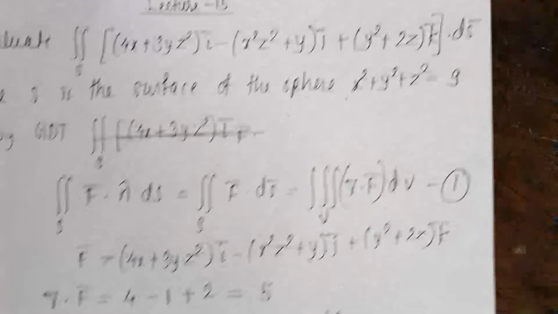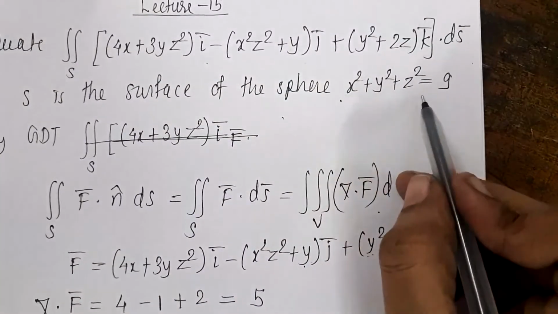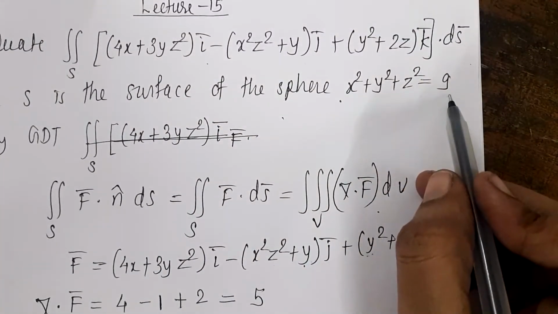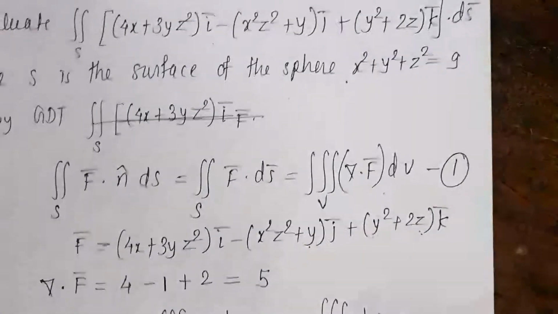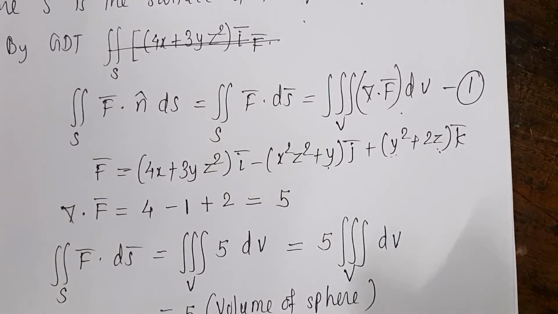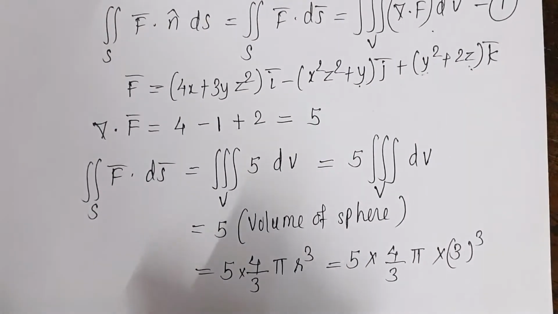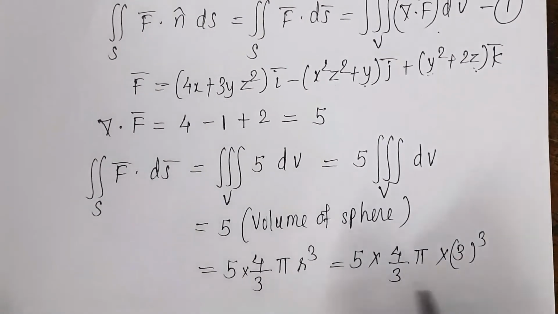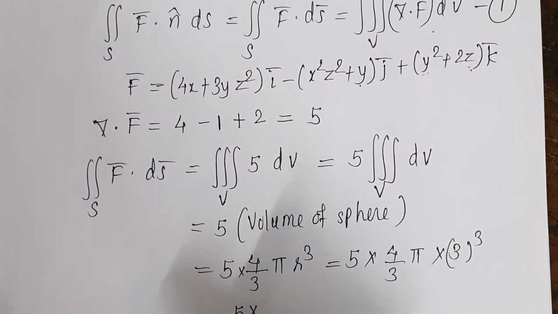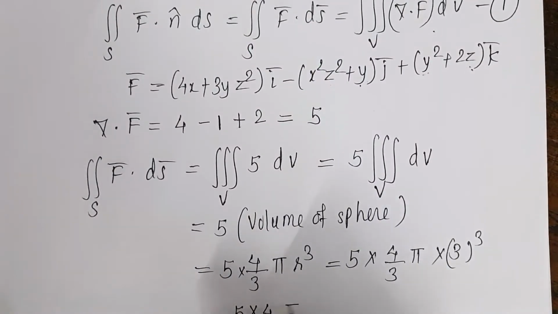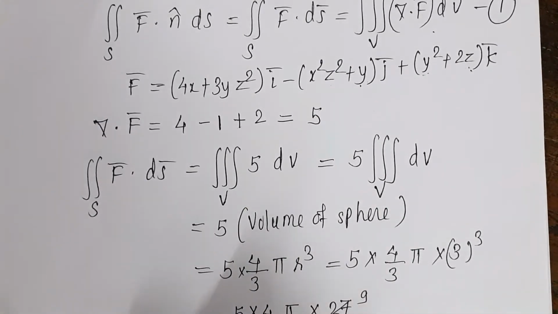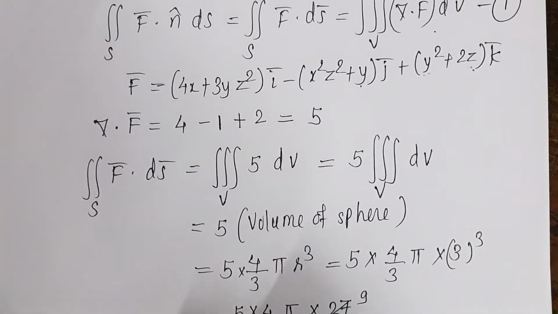What is r? The sphere is given as x² plus y² plus z² is equal to r², and r² is 9. So what is the radius r? It is 3, so r cube is 3 cube, which is 27. It is equal to 5 multiplied by 4 by 3 pi multiplied by 27, so this is 180 pi.